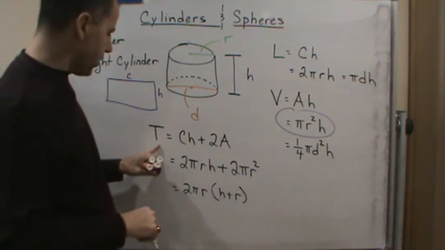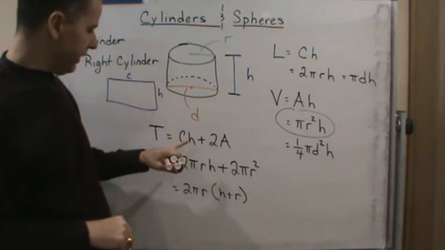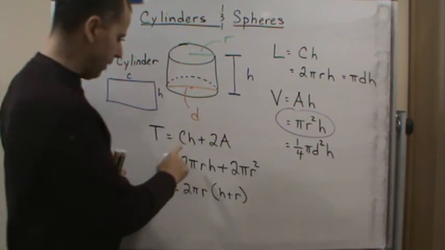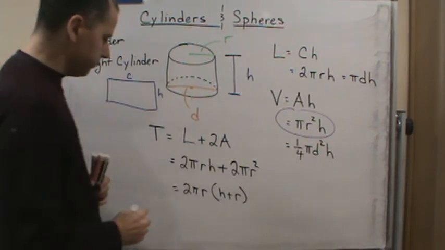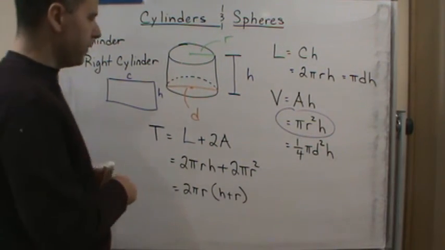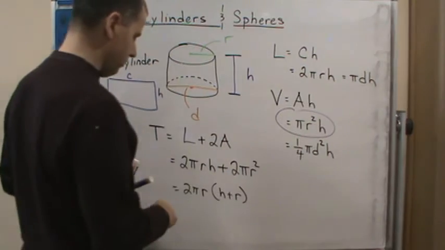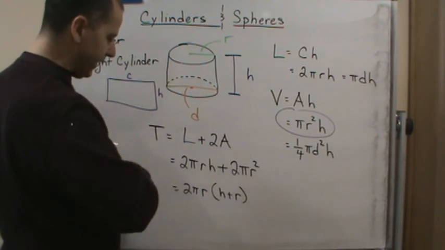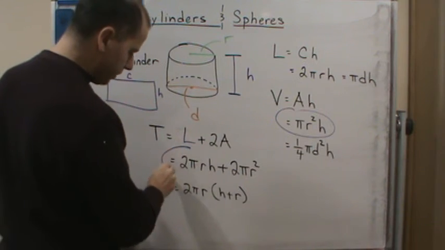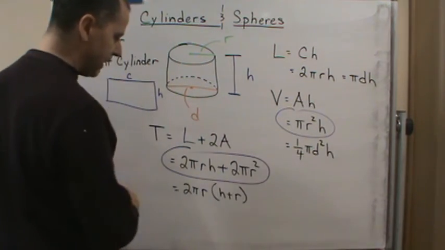And then total surface area, again, is just the lateral surface area, right? So if I erase this, the lateral surface area is this. Okay? So we get this formula, and this is a much more common formula to think about, right?